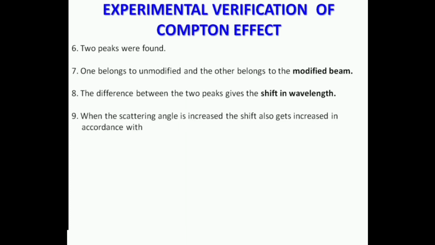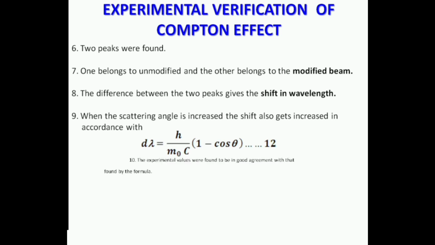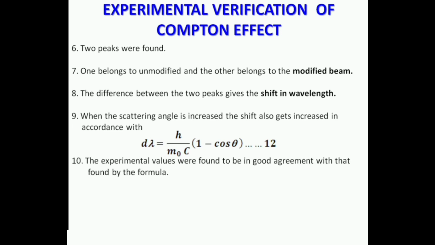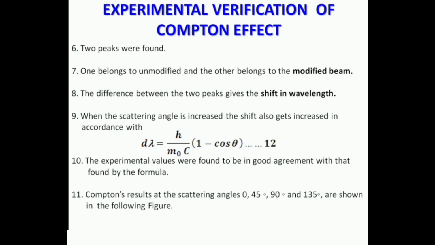When the scattering angle is increased, the shift also increases in accordance with Δλ = h/(m₀c) (1 − cos θ). The experimental values were found to be in good agreement with those found by the formula.